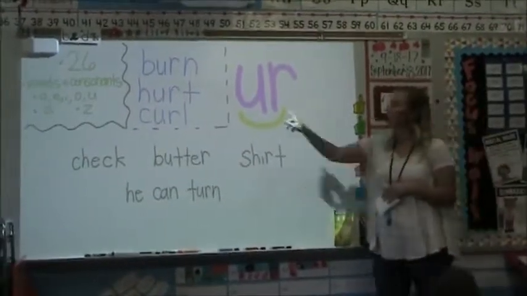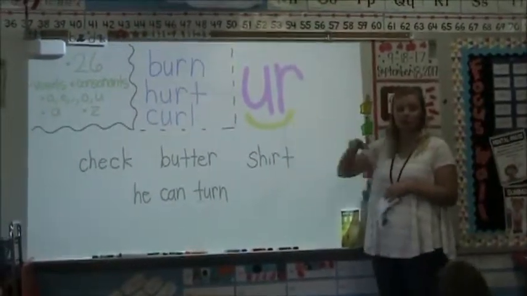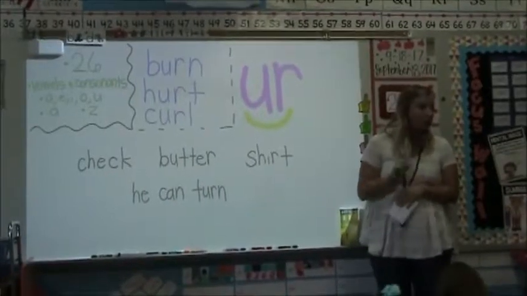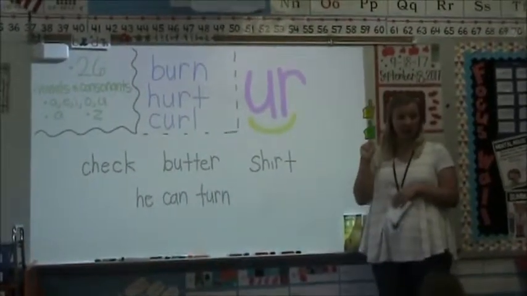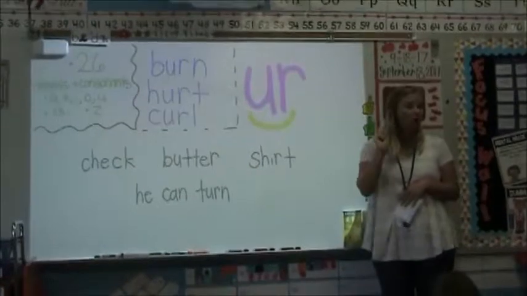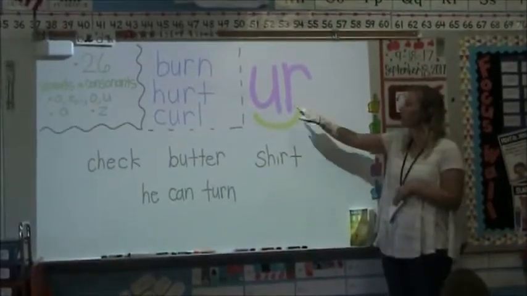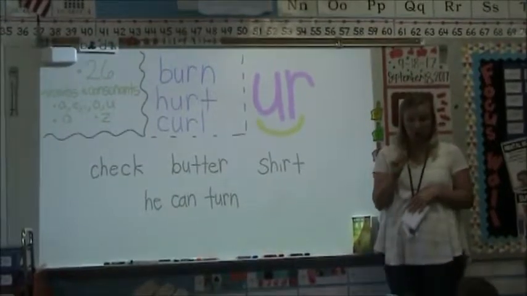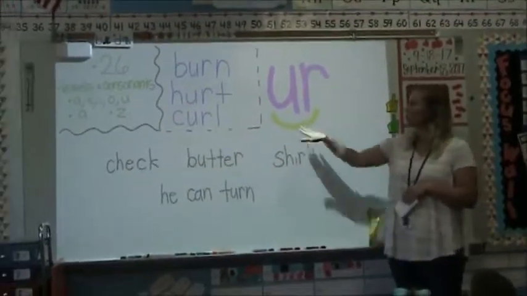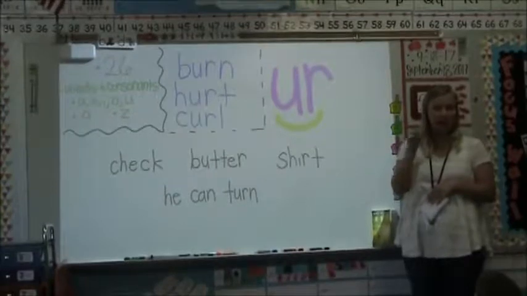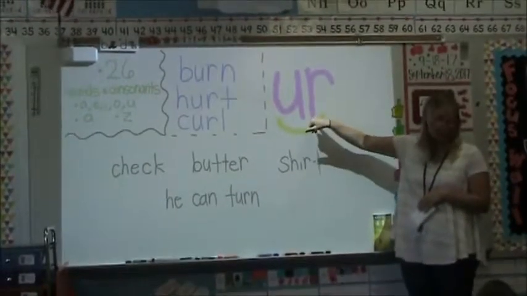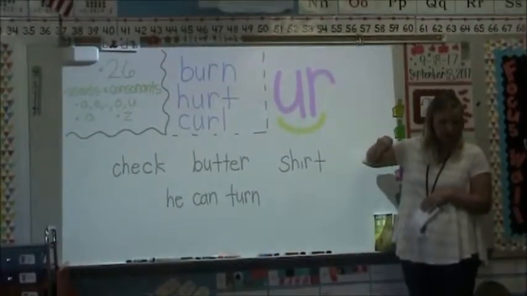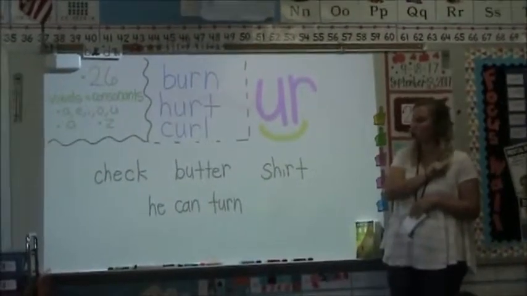It's like a little boat, and it's called an ark. So we've learned that ER is a combination, IR is a combination, and now UR is a combination. That's an unexpected sound. We would not expect UR to say that, but that R gets bossy, right? And all we hear is that sound.